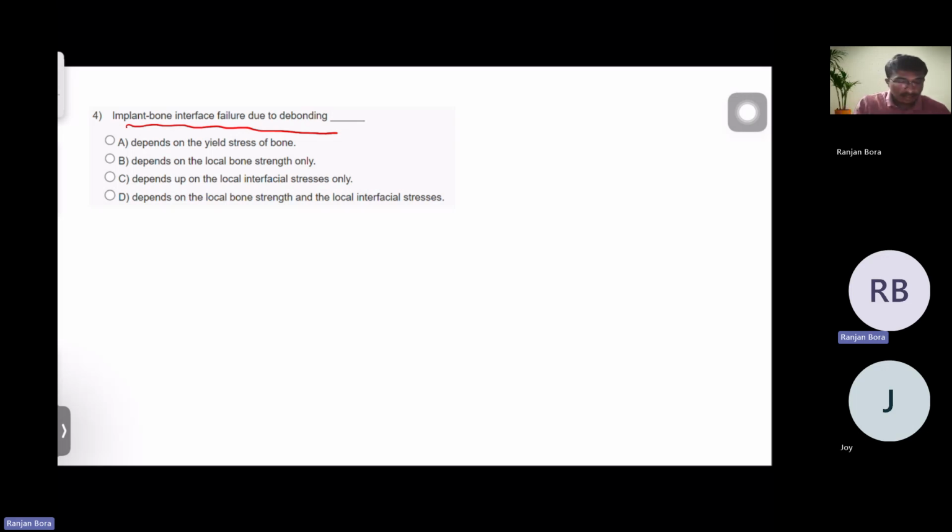Option D is correct. Implant bone interface failure due to debonding depends on the local bone strength and the local interfacial stresses.